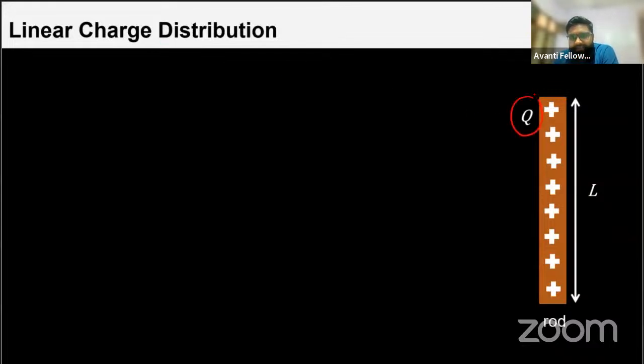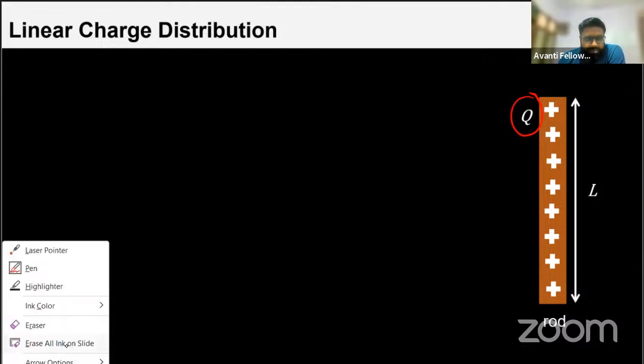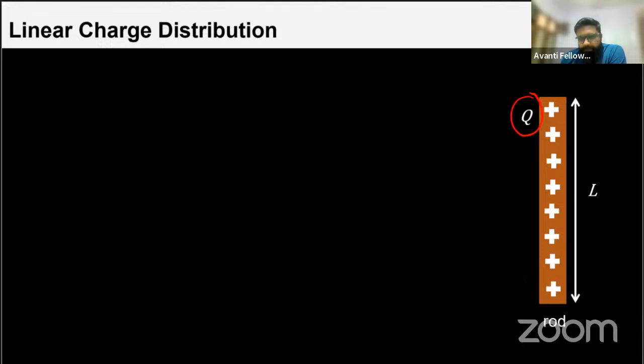Total charge given is Q. Now if I talk about this particular length, the total length is capital L. Now if I ask you what is the charge distribution up to small l length, how much charge does this small l length carry, can anyone calculate it?